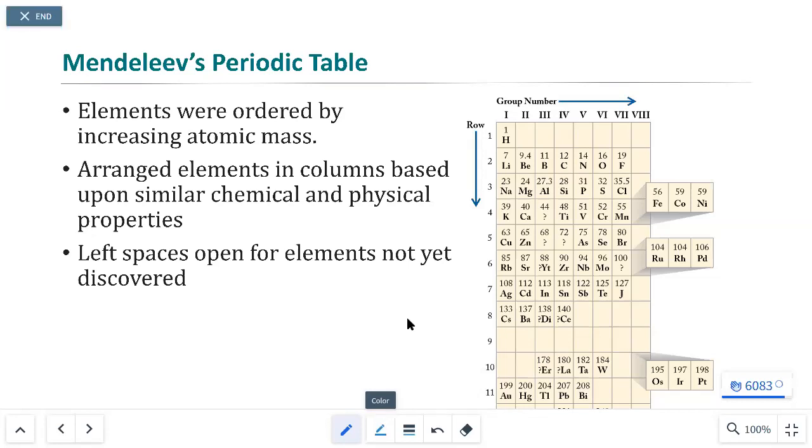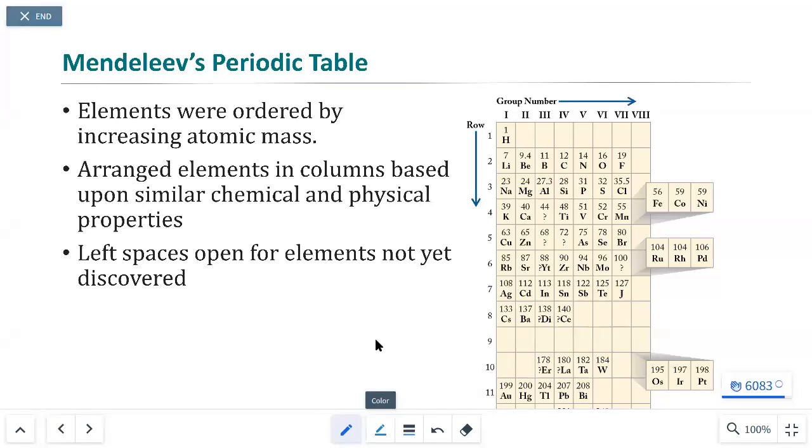If we go back to the earliest days of science and chemistry, we know that for the longest time, people have been trying to group together elements based upon common characteristics, common properties. But it wasn't really until Mendeleev came along that he was able to do something a little bit more systematic. So instead of just saying, okay, these three elements are kind of similar, so they're going to go together, and these ones are kind of similar, so they're going to go together, there's really no rhyme or reason to either of them being where they are.